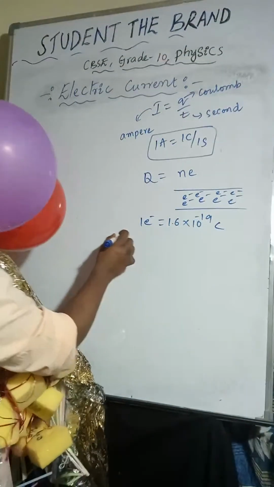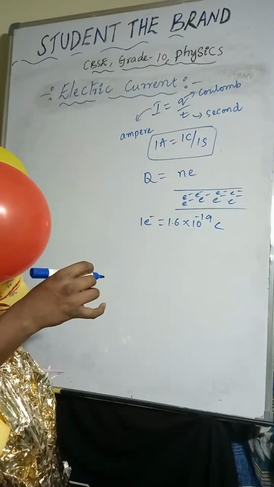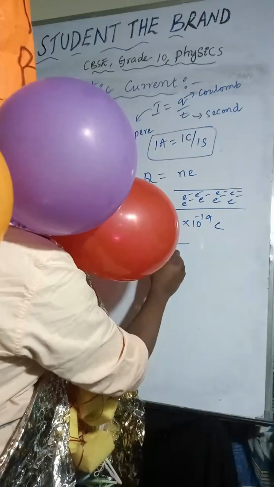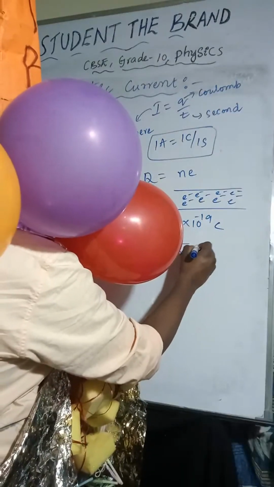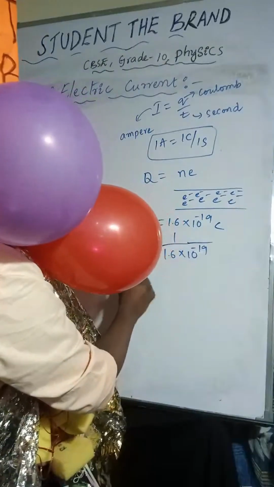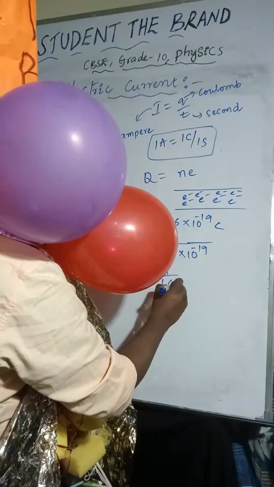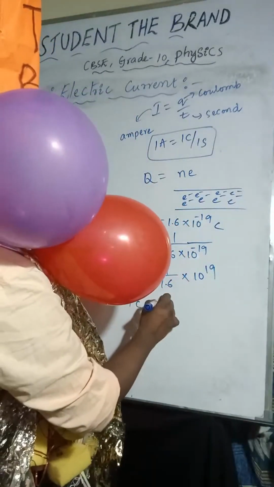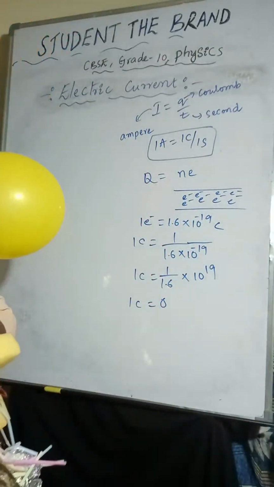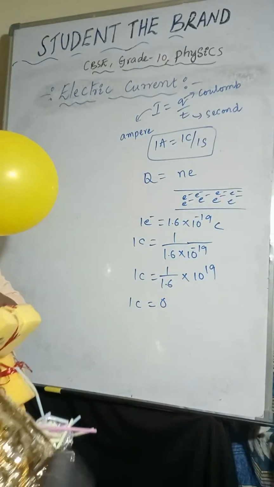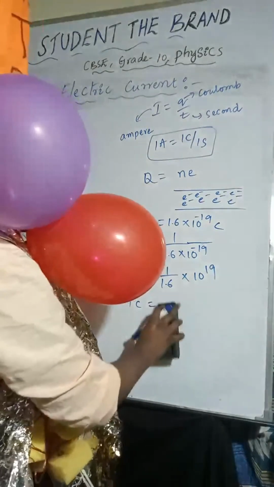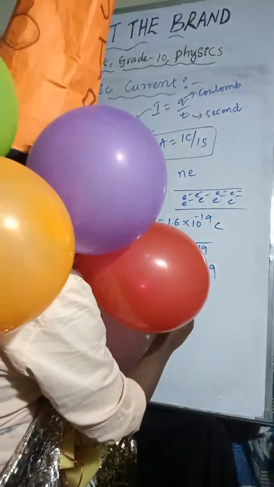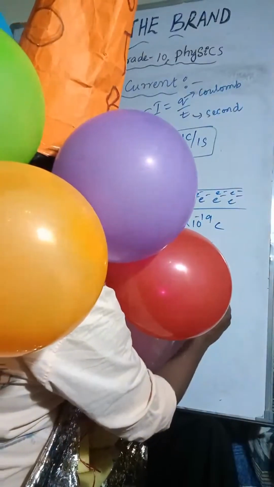In 1 coulomb, how many electrons are present? We will see. In 1 coulomb, 1 equals N into 1.6 into 10 power minus 19, so N is 1 by 1.6 into 10 power 19, which is nothing but 0.625 into 10 power 19 electrons. After shifting the decimal point, we get 6.25 into 10 power 18 electrons.